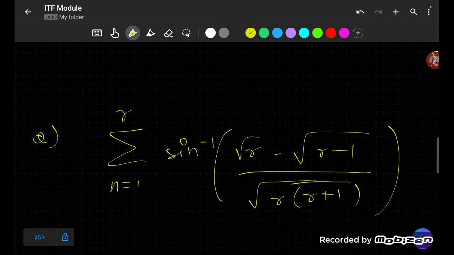So the problem here is not the r minus 1, it's the r plus 1. How will I write it in tan inverse too, God knows. I can rationalize this and make it 10 times worse. It's a good one.